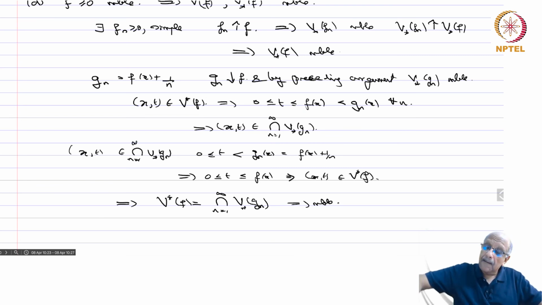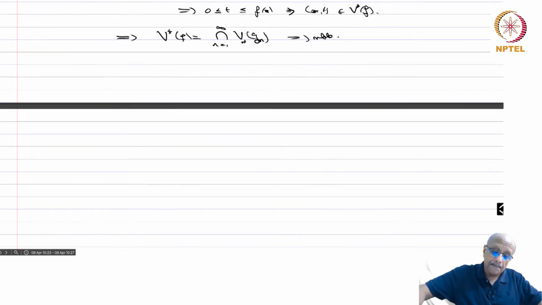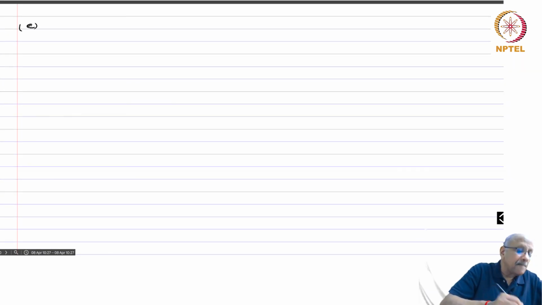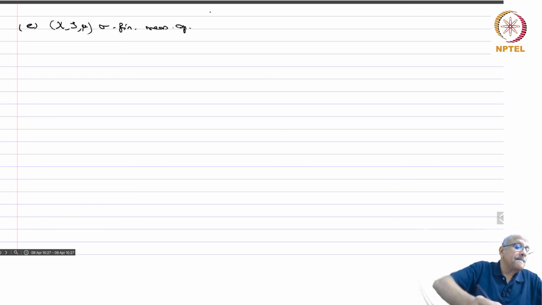Then let (X, mu) be a sigma finite measure space, and lambda equals mu cross m1.